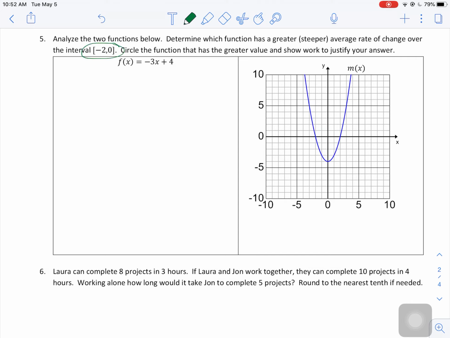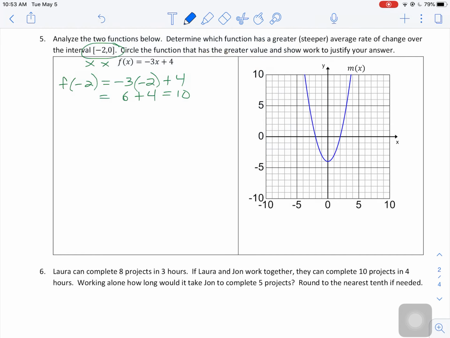Keep in mind this interval -2 to 0, those are both x values. So we're going to basically take f of -2 and figure out what the y value is when the x value is -2. So it looks like it's going to be 10.